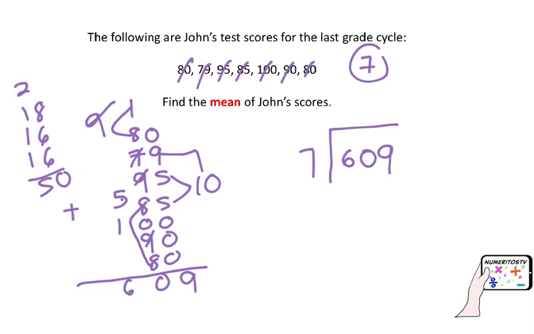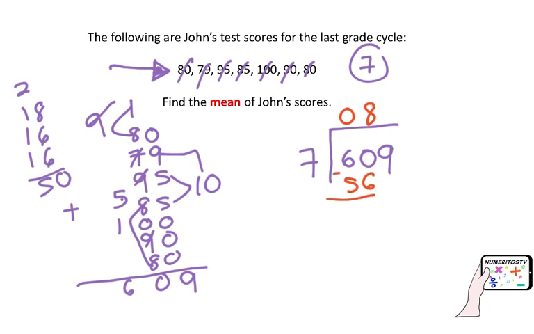And now I need to divide by 7 because we have 7 items or 7 numbers here. 7 will not fit in 6, so that will be 0. 7 fits how many times in 60? It fits 8 times, that is 56.